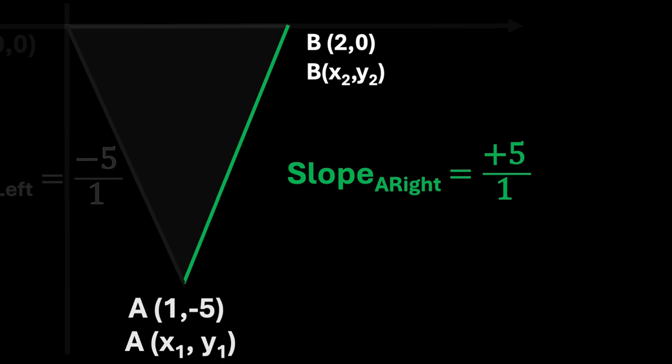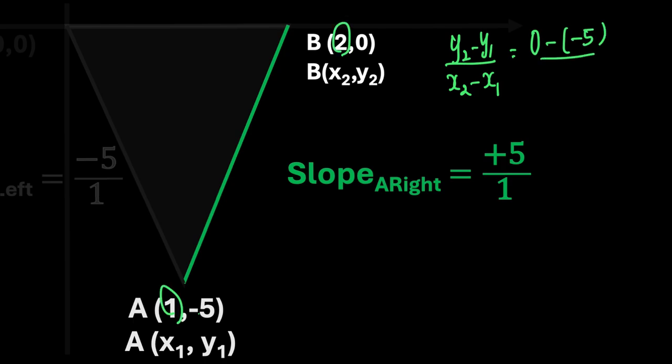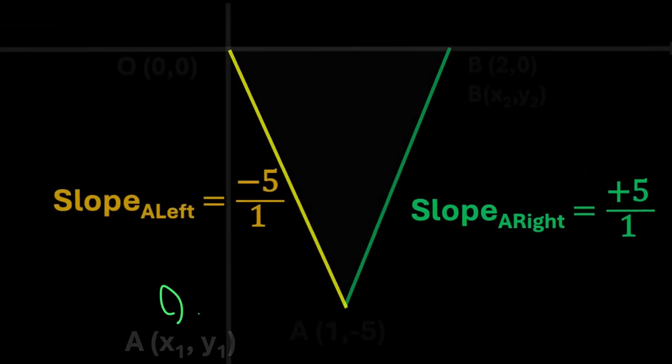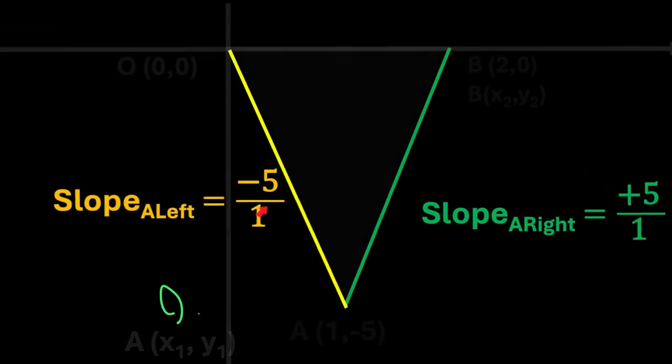Sorry, my bad. Let me just write it down here. Slope is y2 minus y1 by x2 minus x1. What is y2? 0. Minus what is y1? It is minus 5 here. 0 minus minus 5 divided by 2 minus 1, which gives us plus 5 divided by 1. So we can say that the slope at A from the right is 5 by 1 and from the left is minus 5 by 1.